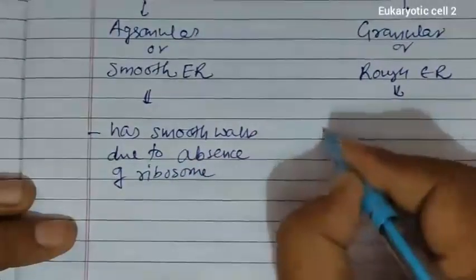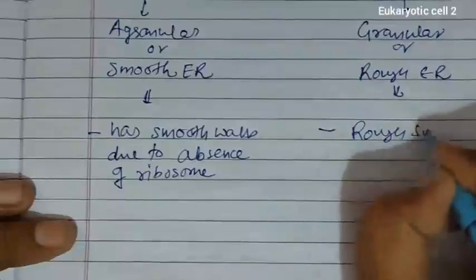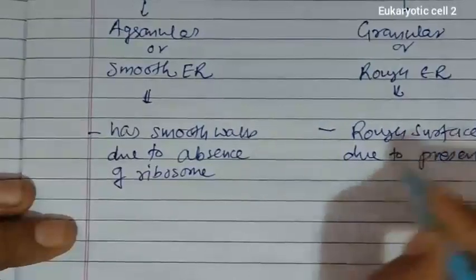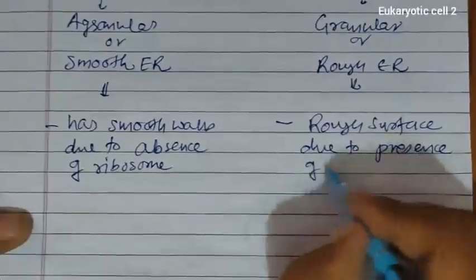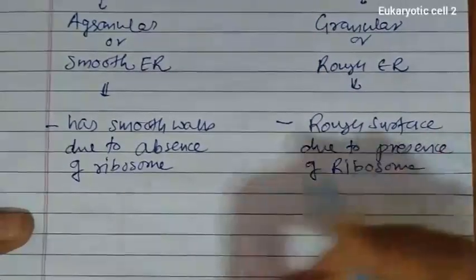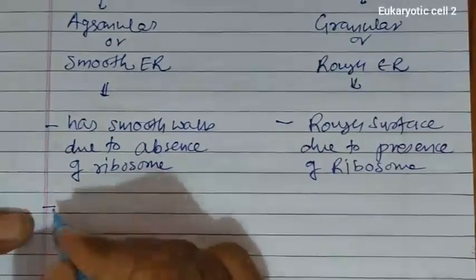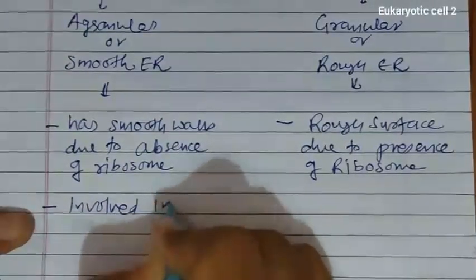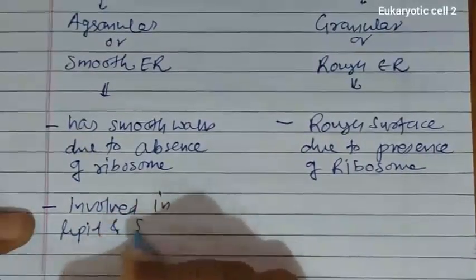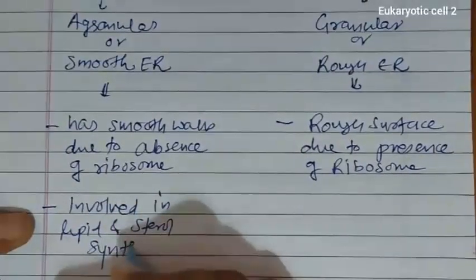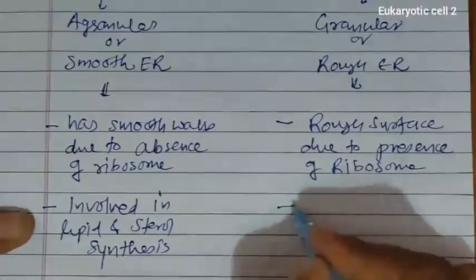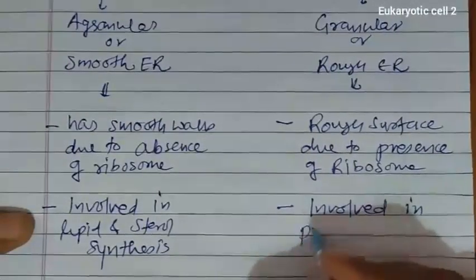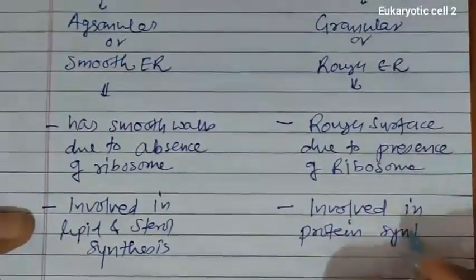These are free of ribosome, and the rough one has a rough surface due to presence of ribosome. SER is involved in lipid and sterol synthesis, whereas granular or rough endoplasmic reticulum is involved in protein synthesis.